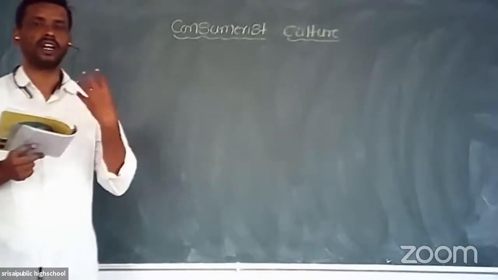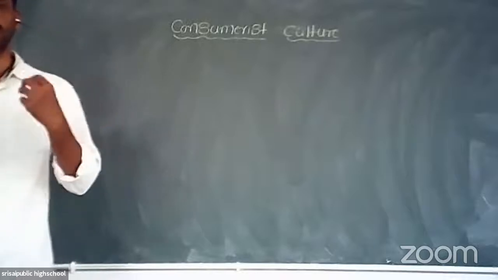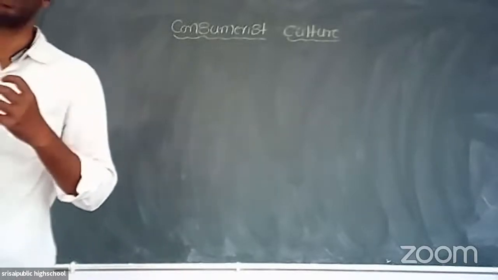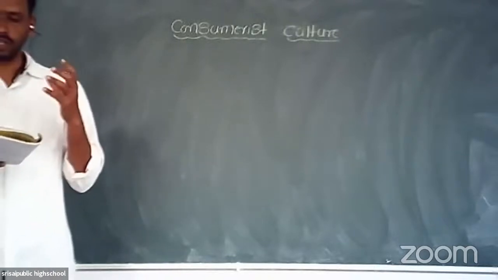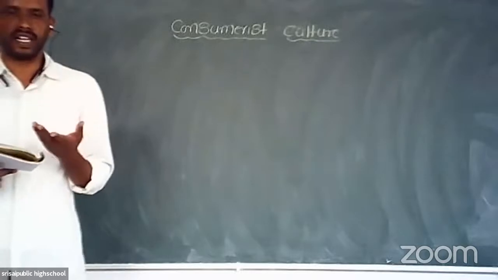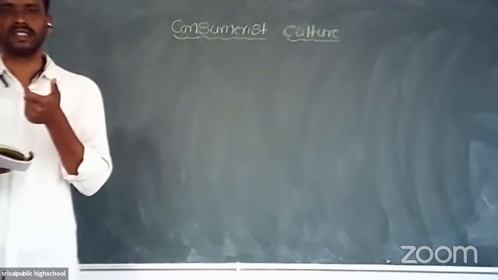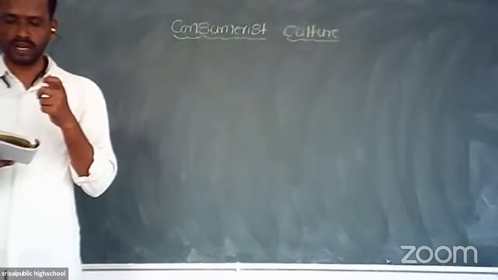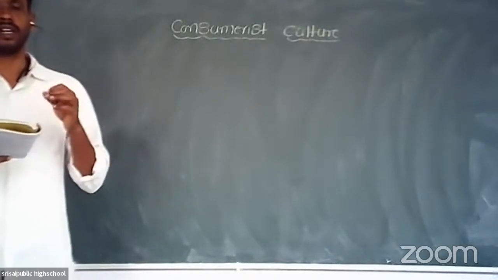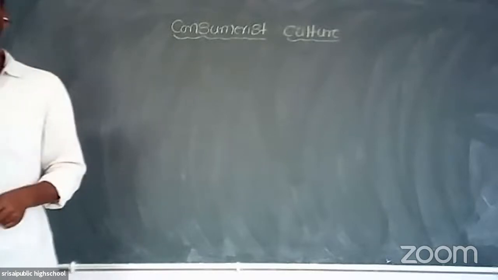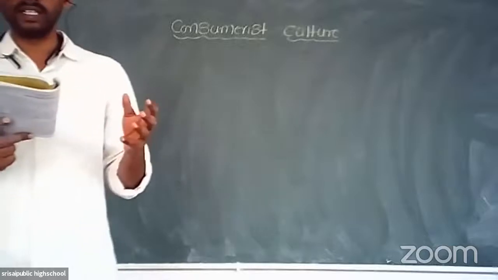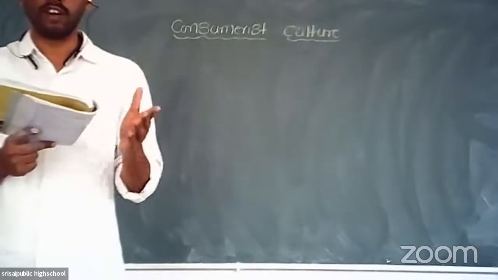The producers have to generate the demand in the market, so then only they will easily sell the goods. That's why they started making advertisements. They generate the demand in the consumer's mind, so then they will easily sell their things. Even the biggest companies are following this phenomenon.